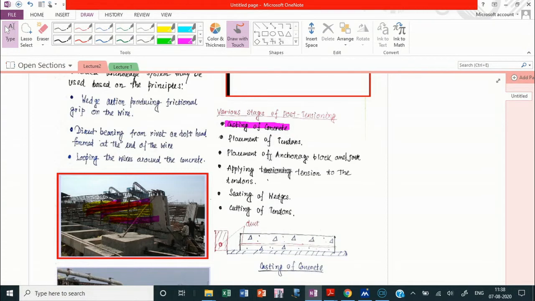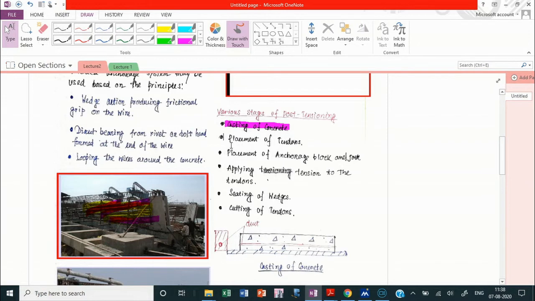Ducts should be provided inside the cages in case of an internal post-tensioning system, and in case of an external system, you may not, but you need to have those provisions first, otherwise you will not be able to do it.